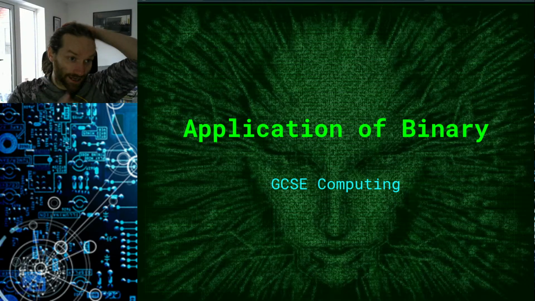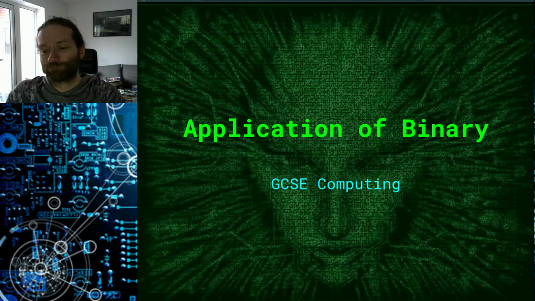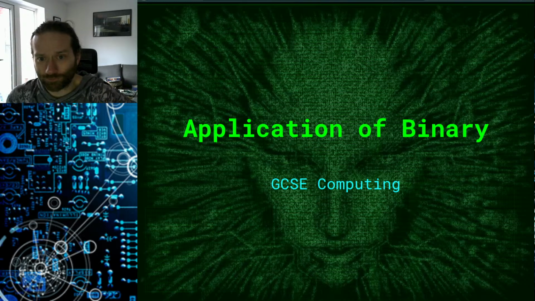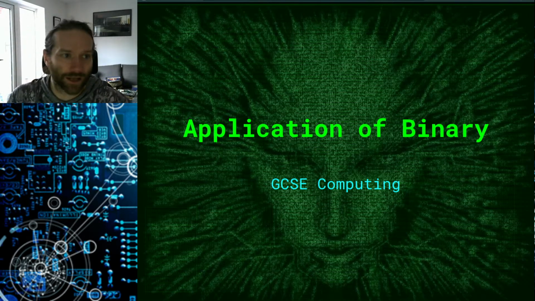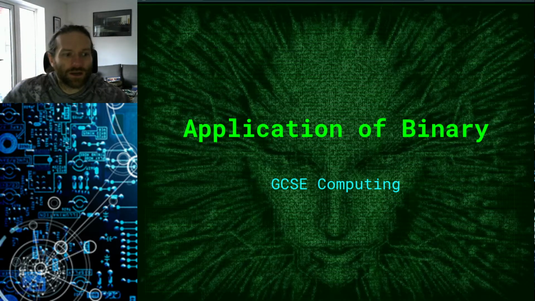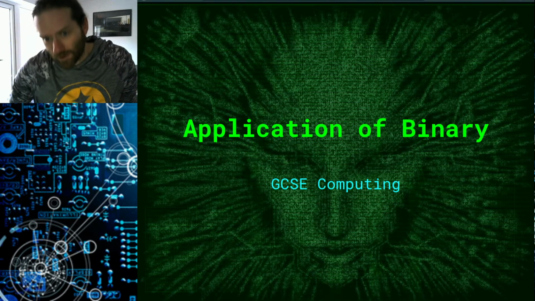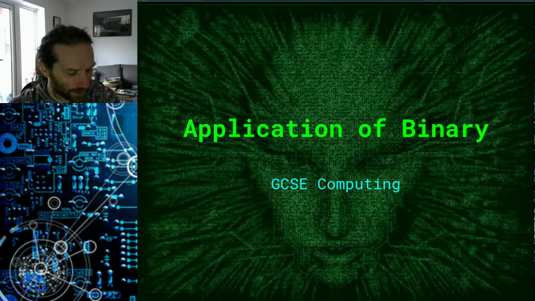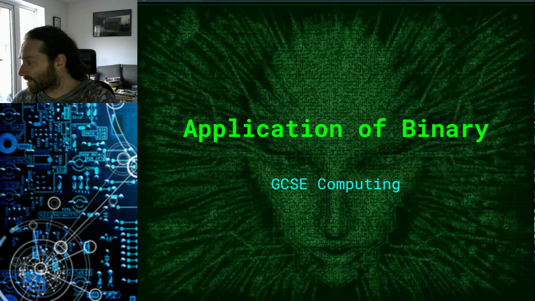In the previous catch-up streams, we looked at converting between the various different numbering systems: binary to hexadecimal, hexadecimal to binary, and denary, and all of that. But it was all very much a sort of here's a thing which I'm going to tell you about, and good luck finding a practical use for that.